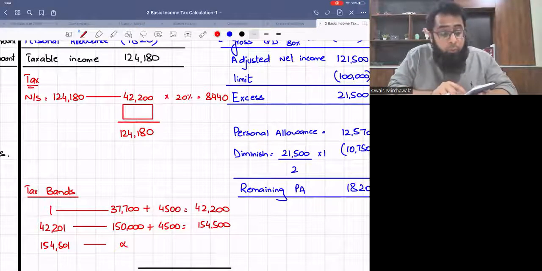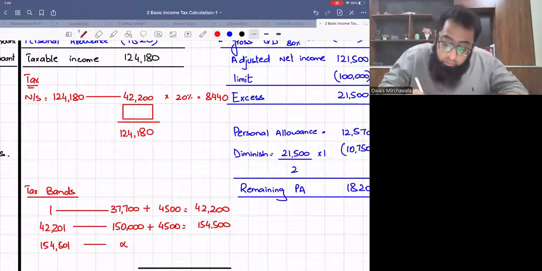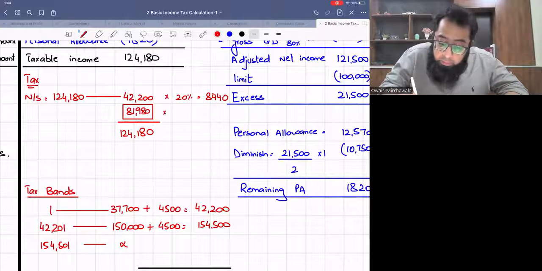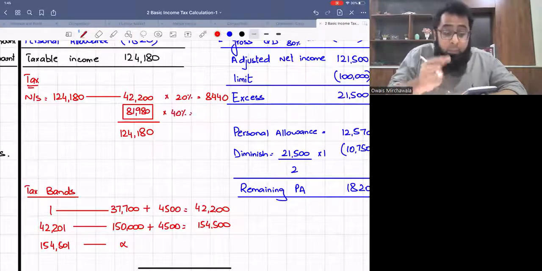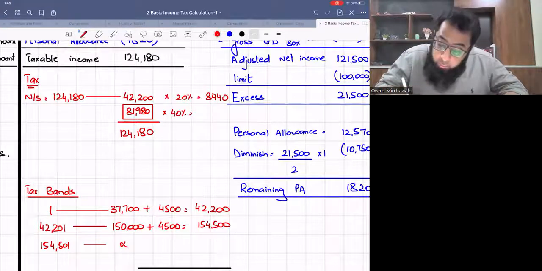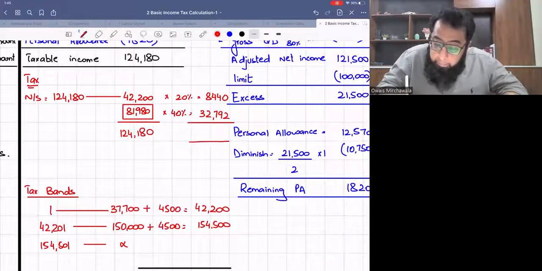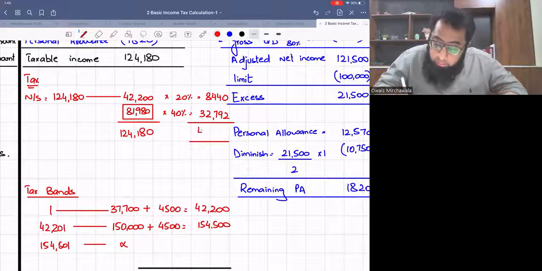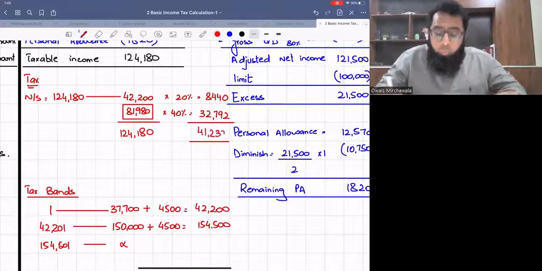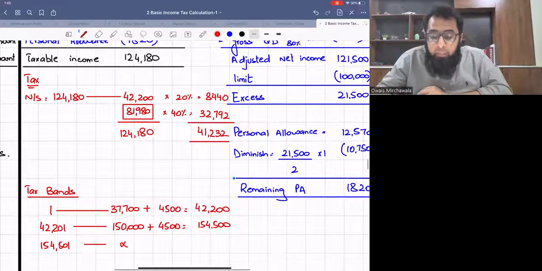So 124,180 minus 42,200, the remaining is 81,980 multiplied by 40%. So this is 32,792. This gives us a total tax of 41,232.